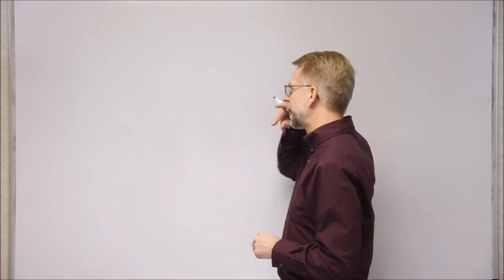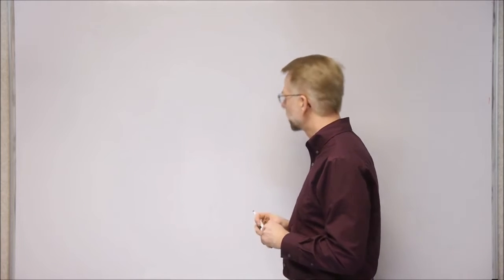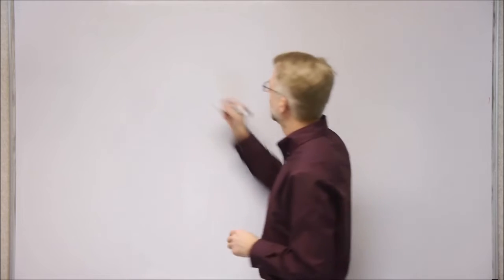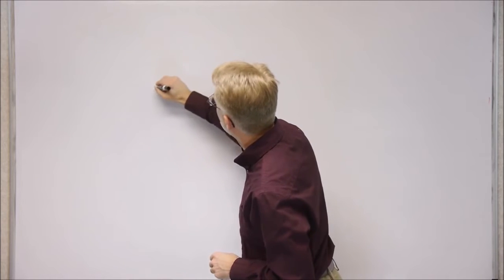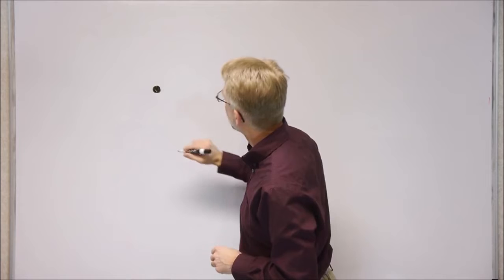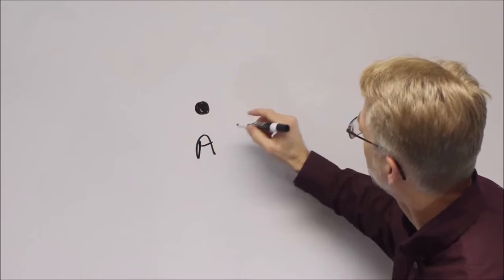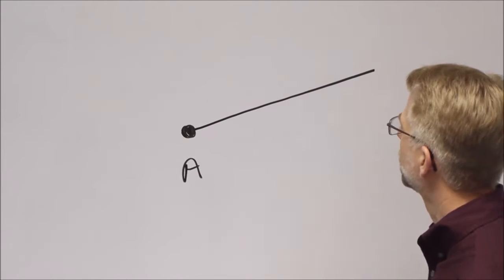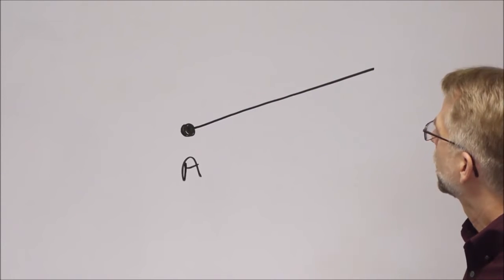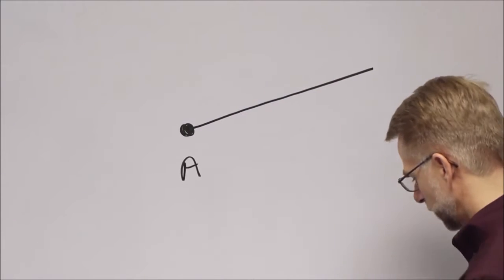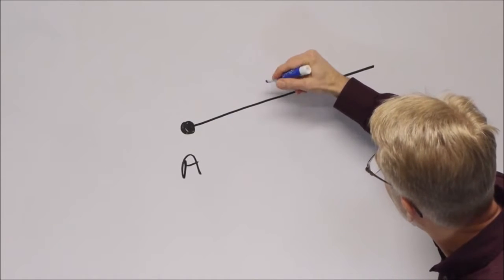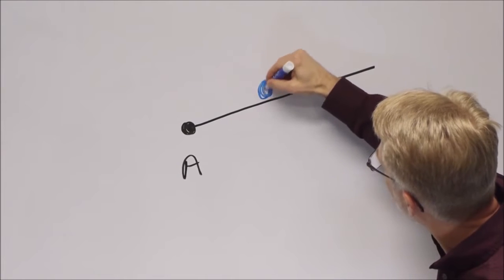So let's look at this with an example here and illustrate it with a lever. So I'm just going to make a lever here, and here's the axis for my lever, all right? And then here's just the lever itself. And let's say that right here in the middle of my lever, I have some sort of a weight.